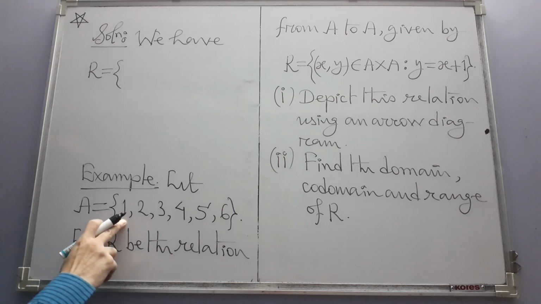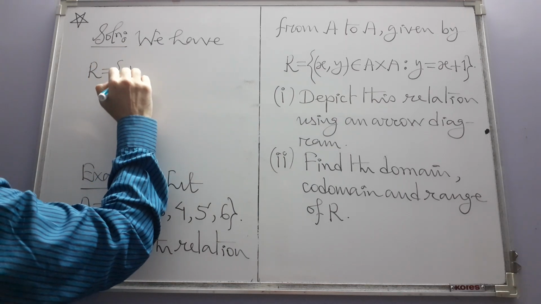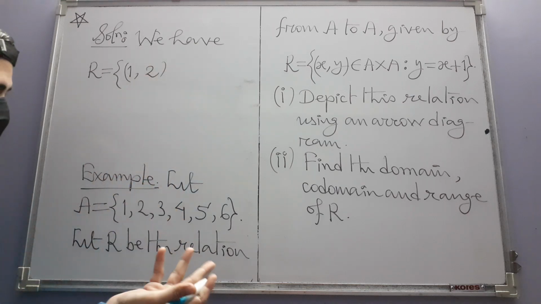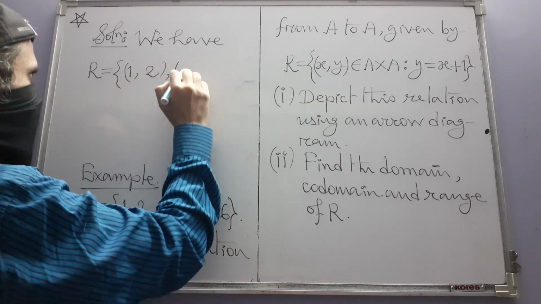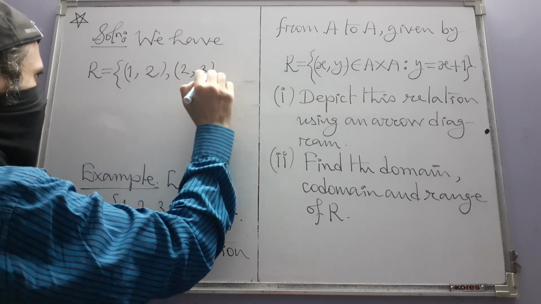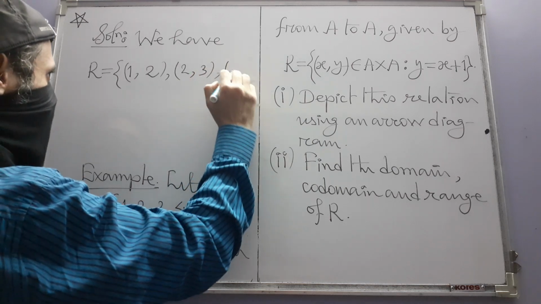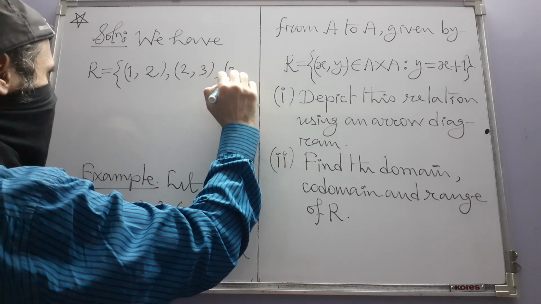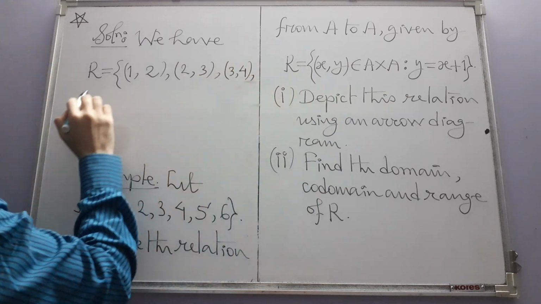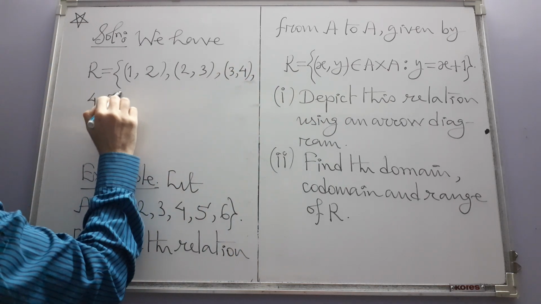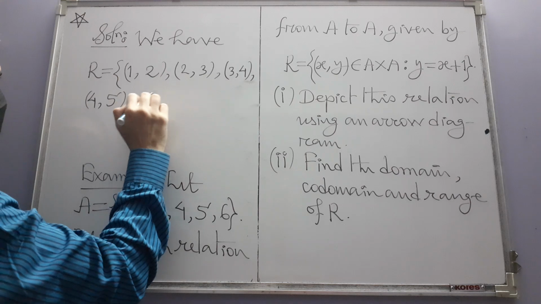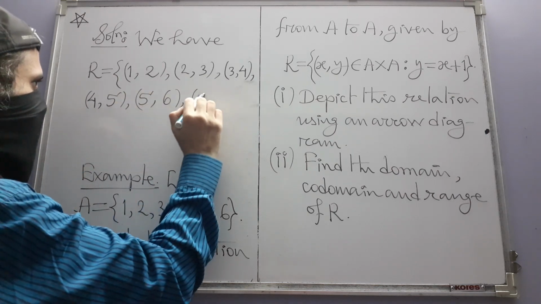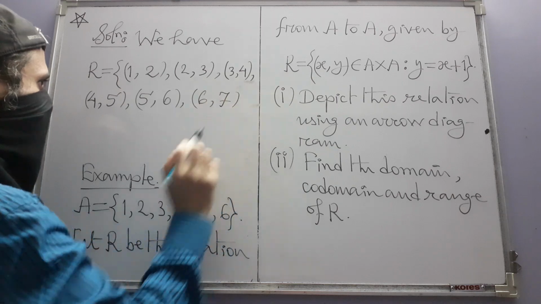You start by having x equal to 1, you write 2 because 2 is 1 plus 1. Then you take x equal to 2, so y should be 3. Fine. This is fun. Next you write 3, 4. Then 4, 5. Then 5, 6. And then if you are not careful, you would write 6, 7.